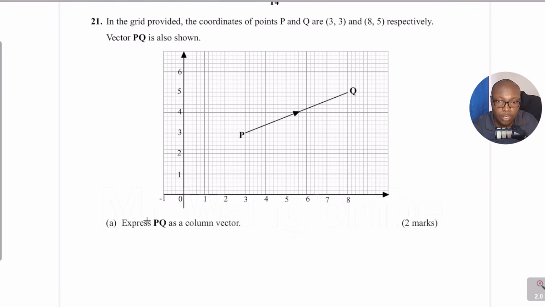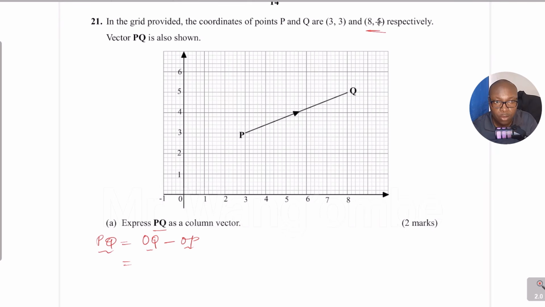Now, how do you get PQ? You can see PQ is represented there. Now, to get PQ, we take the position vector of Q, that is OQ, then subtract the position vector of P. So that is how you get PQ. So we have Q. The position vector of Q is (8, 5).